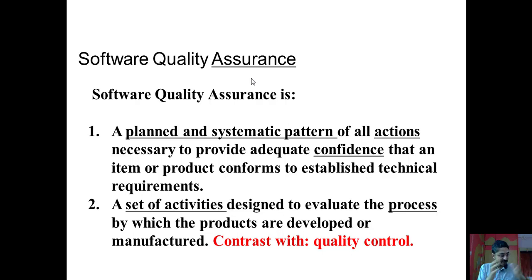It is going through those phases, and because these phases are foolproof, you have worked upon those phases. Because of that, you know that whatever software goes through this process will be of good quality. So that is nothing but quality assurance.